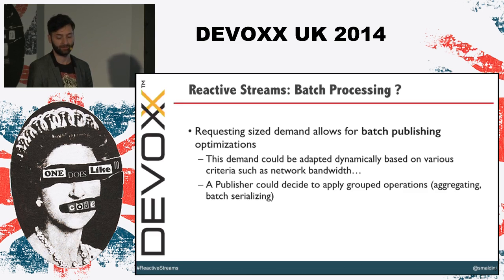The n size is the requested demand from the subscriber, and send them in a batch array, or in a batched map, or whatever you want to group your operations. And that's very interesting for batch processing, high volume scalability, and these kinds of issues.